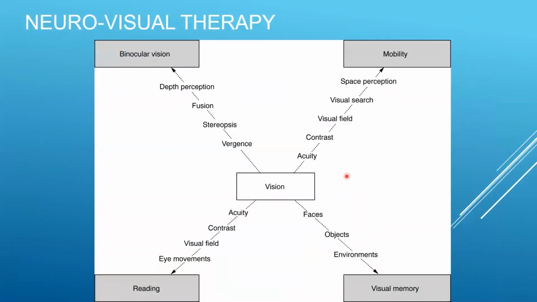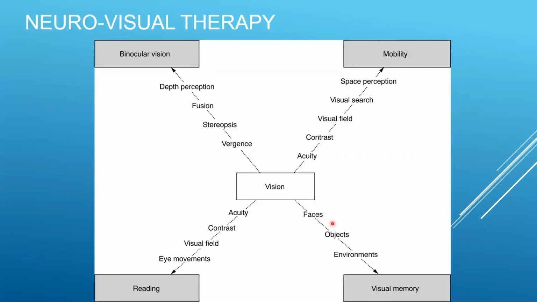Okay. The next thing, the last thing, is that one of the things we can use is neurovisual therapy. So dealing with the perception of space using both eyes to do it. Looking at something up close versus far away, how accurately you see somebody, how quickly you can search your visual fields for different things and knowing whether or not they're the right distance away from you, right?